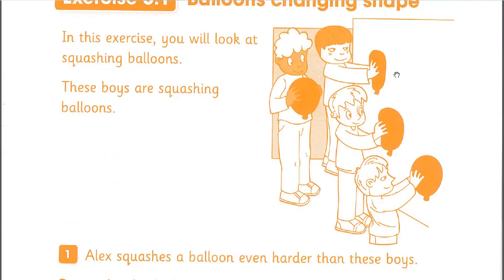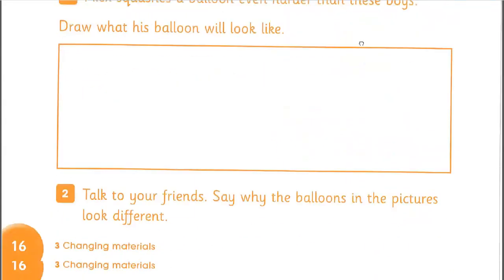If you are squashing it more hardly, your balloon is going to squash into a small piece. If you are squashing it medium, the shape will look like this. If you are pressing it very lightly, the shape of your balloon is going to be like this.